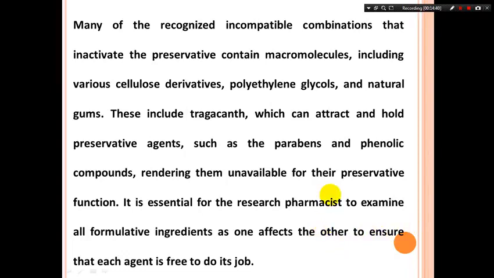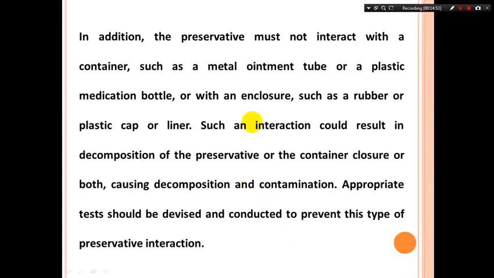So the pharmacist should examine the compatibility between formulative ingredients to ensure that each agent is free to do its job.